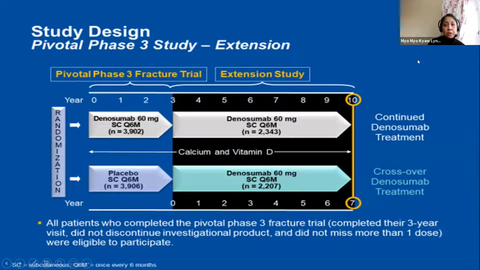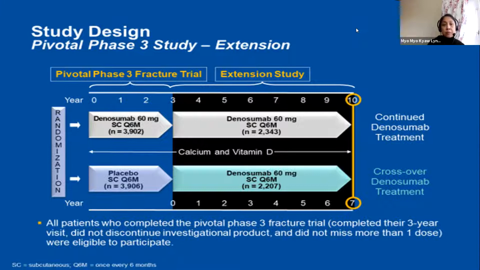For denosumab, previously we could use it up to 2 years, and then we knew that we can use it up to 5 years. Now we have very good studies saying that we can use denosumab up to 10 years.